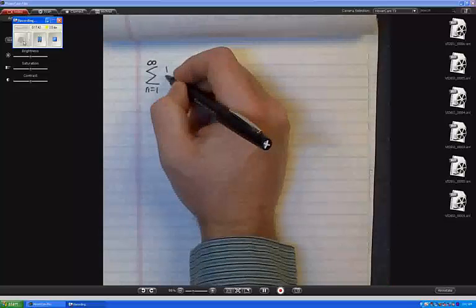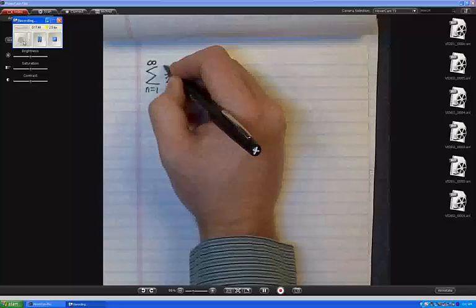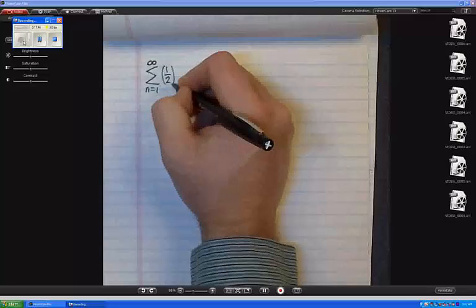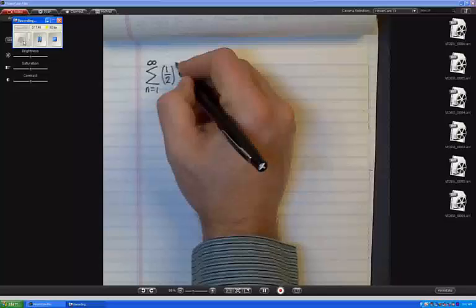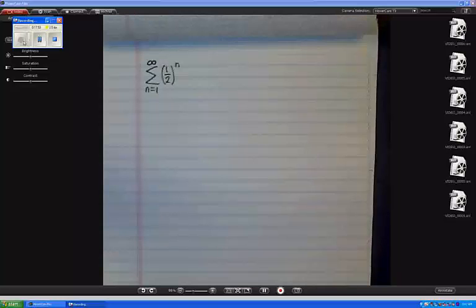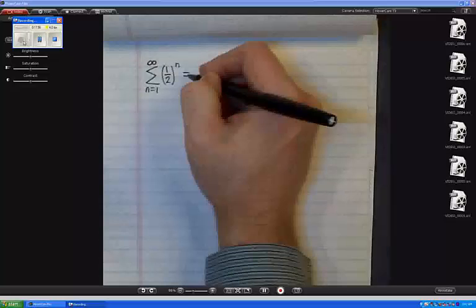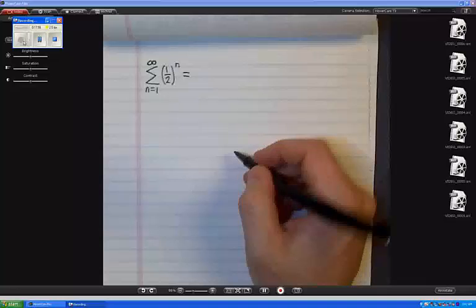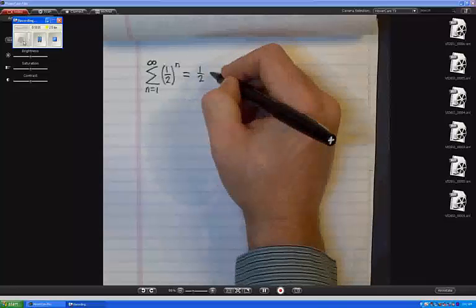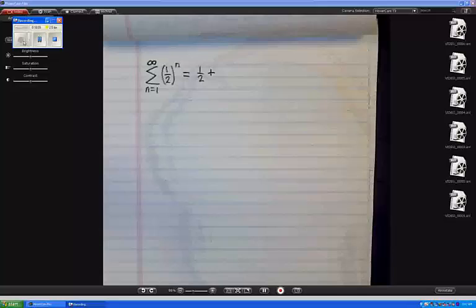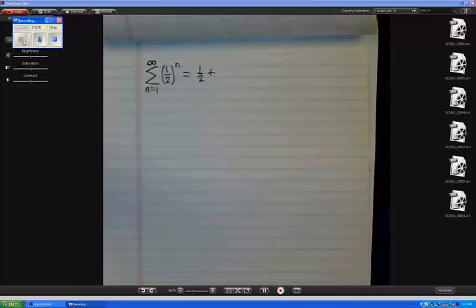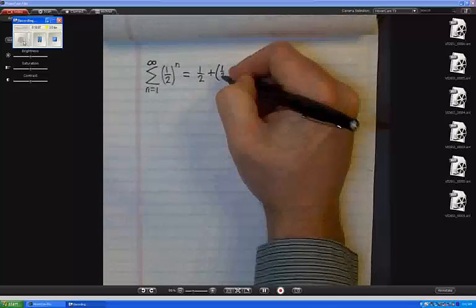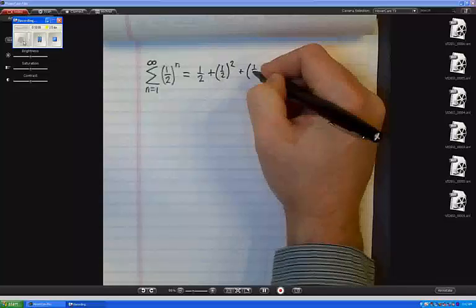So let's add 1/2 to the nth power. So let's write out the first few terms. What would be the first term? Good. Plus, now when I put in a 2 for n, well, let me really work it out for you so you can see what's happening.